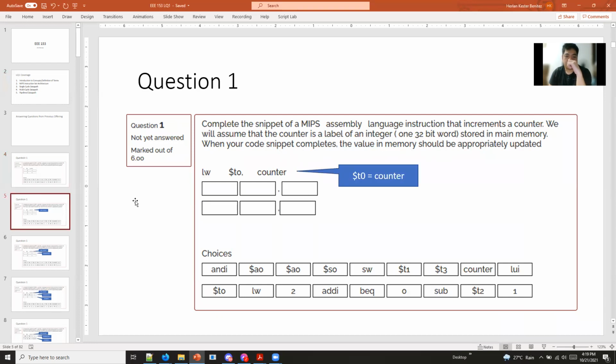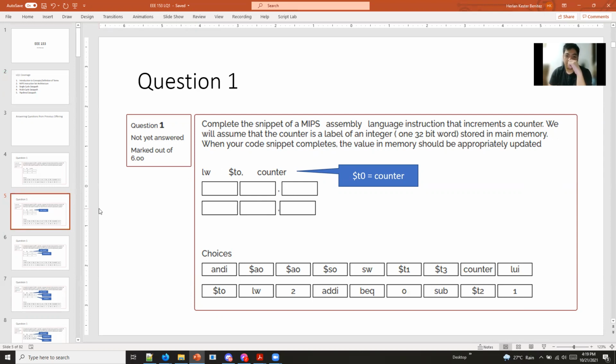So yung first line, i-decode natin siya. Ang ginagawa niya lang is tinostore niya kay T0 yung nakalagay sa memory counter. So, load word. Pagka kumuha tayo ng data from our memory, it takes one command to store it to a register.